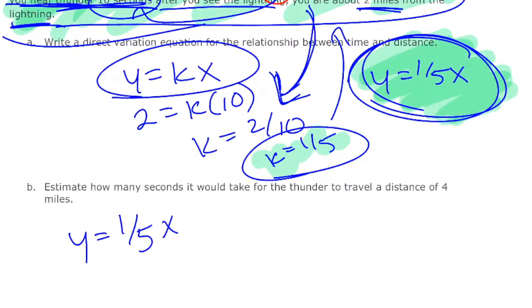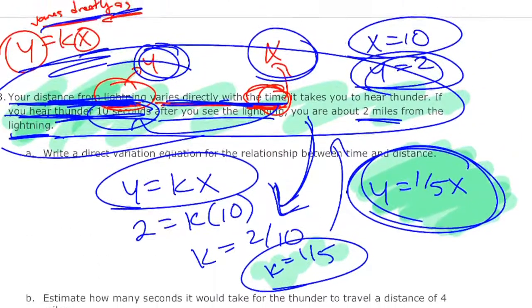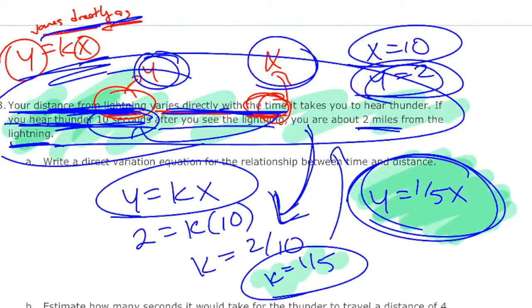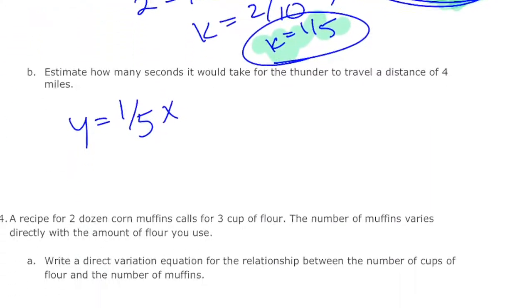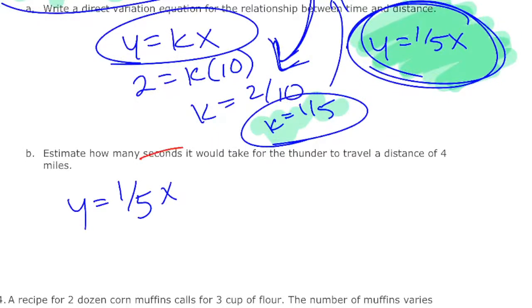All right, now, let's estimate how many seconds it would take. First of all, is seconds y or x? Looks like seconds is right here. It is the time. Mike, you have scribbles all over the place. I know. X is the time. So what we really need to find is x. Okay?